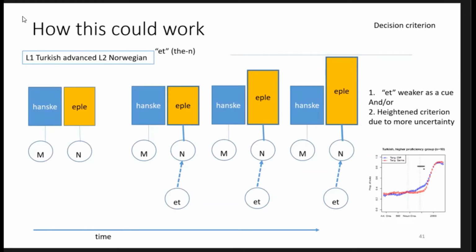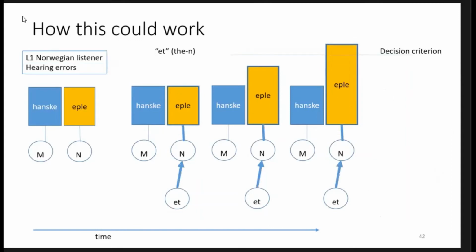An alternative is that they might change their decision criterion because they're less sure of what the et is doing there. So they might heighten that criterion in order for them to move their eyes. Let me now look at another hypothetical situation to explain what might happen if things go wrong.